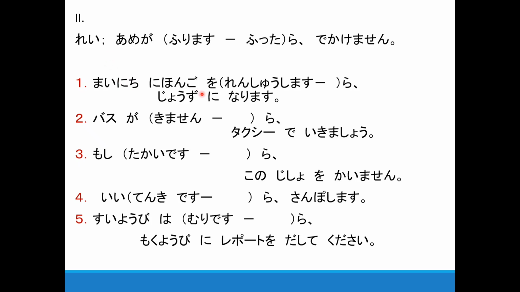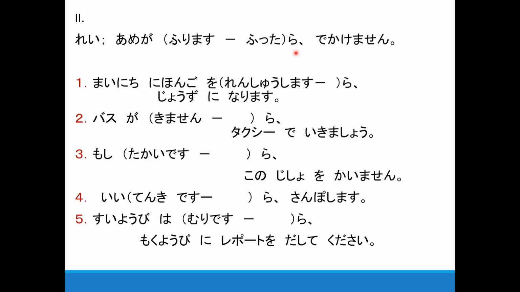Now, exercise. Here I have given one example sentence. Please do all the others accordingly. Look at the example sentence. Ame ga furimasu changes to ame ga futtara dekakemasen. Furimasu changes to futtara.